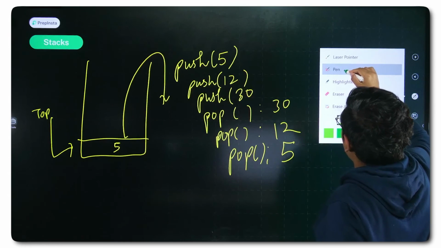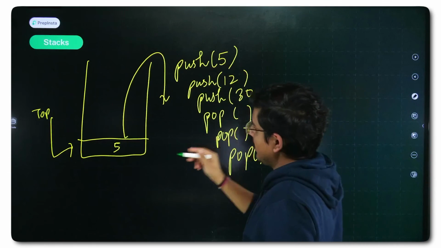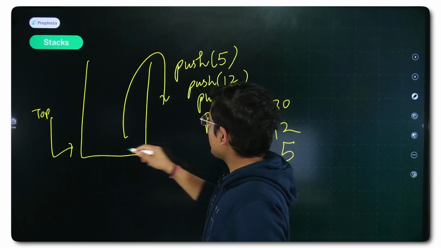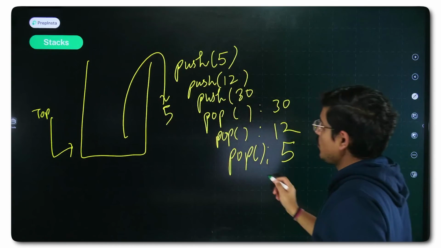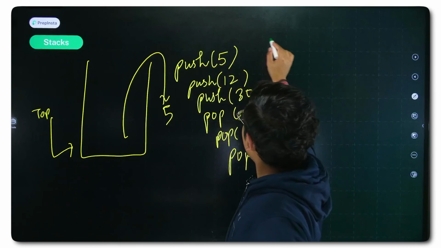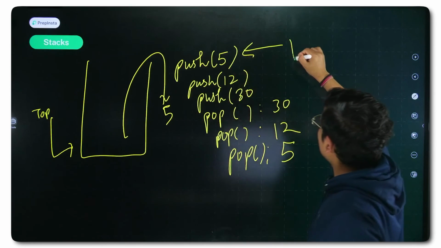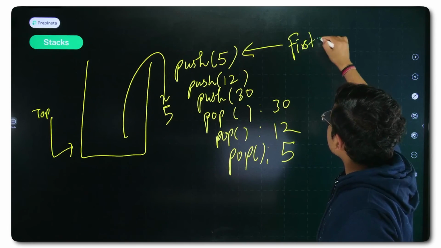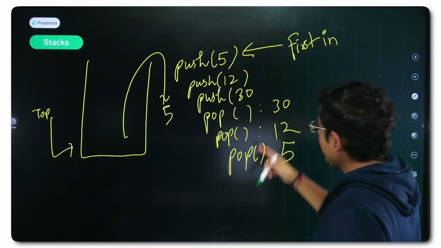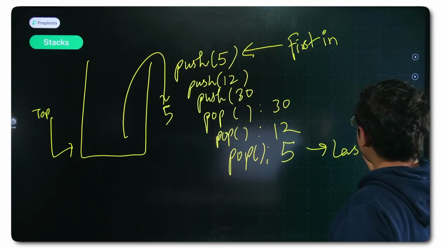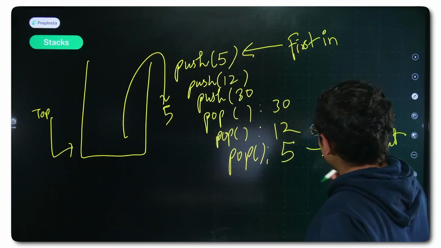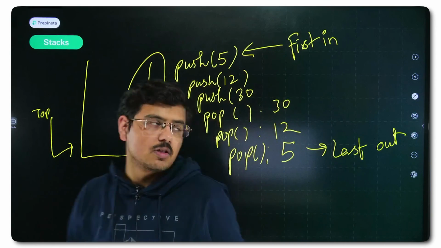When this is coming out of the stack, remember one thing: 5 has come out and 5 is now the output that you got in this pop. Now if you carefully see, 5 was the first to go in, and after popping, this is the last element which is out.